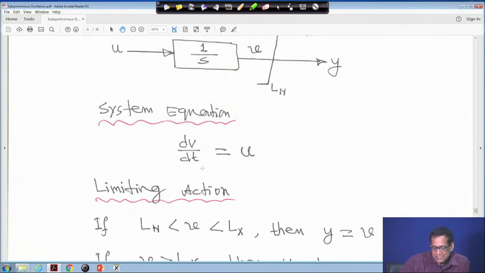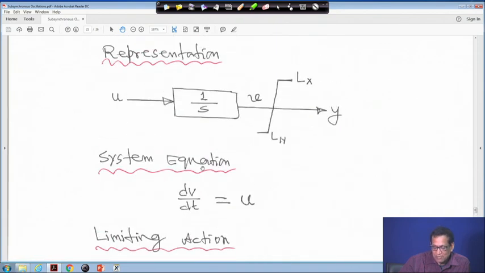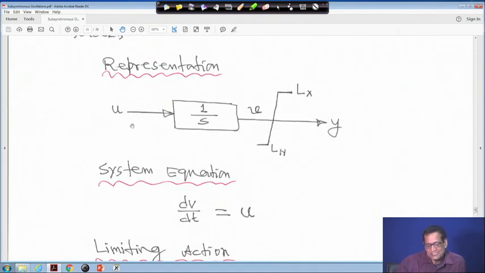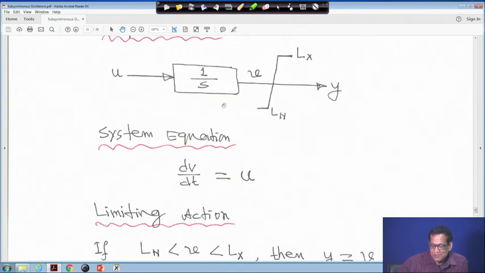First, you see the Windup limit representation. The input is u, this is an integrator, and the output is V, but it is restricted to Lx and Ln, and the limited output is y. Now, how does it behave with this symbol? The system equation is dV by dt equal to u.